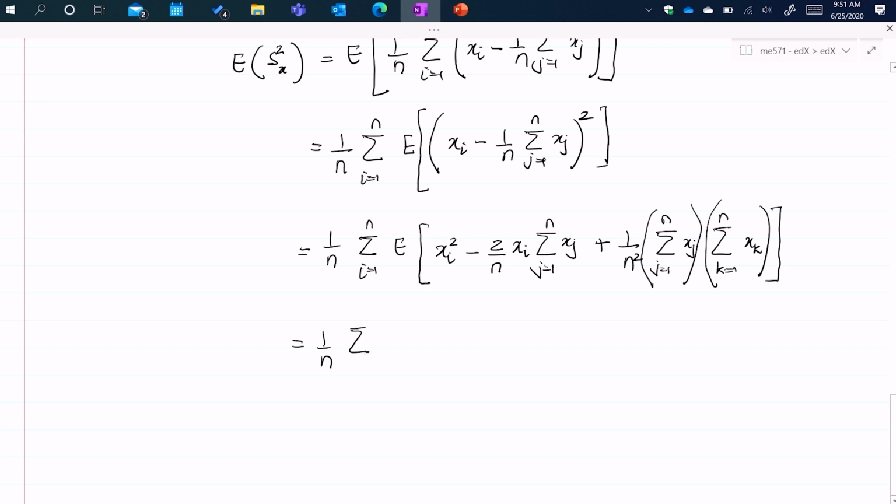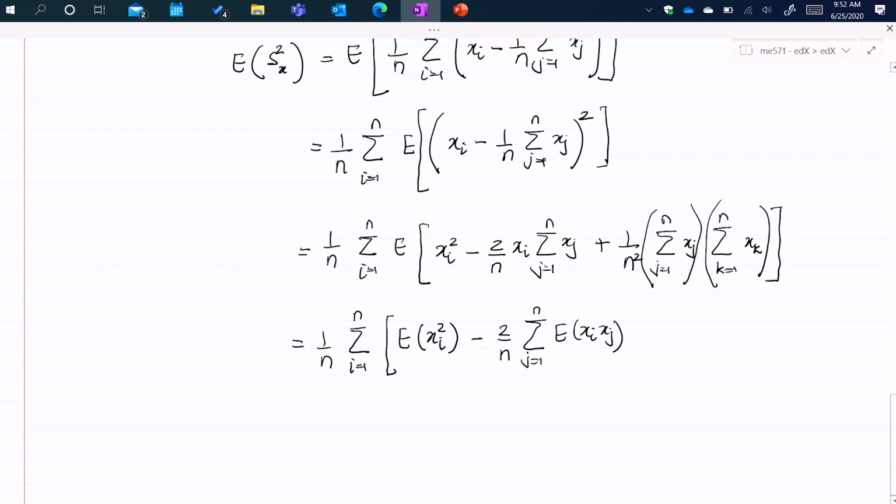Now again, I can move the expectation inside, since the expectation of a sum is the sum of the expectations. So I can write this as 1 over n summation i going from 1 to n of the expected value of xi squared minus 2 by n times summation j going from 1 to n of the expected value of xi xj.